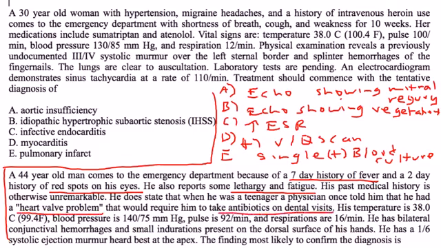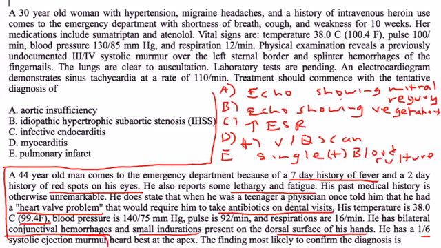Okay? Temperature is 99, blood pressure is 140 over 75, pulse is 92, respirations are 16. He has bilateral conjunctival hemorrhages and small indurations present on the dorsal surface of his hands. He has a 1 out of 6 grade systolic ejection murmur heard best at the apex.